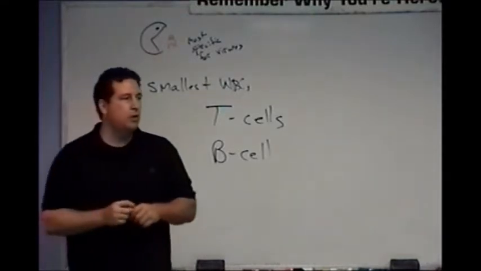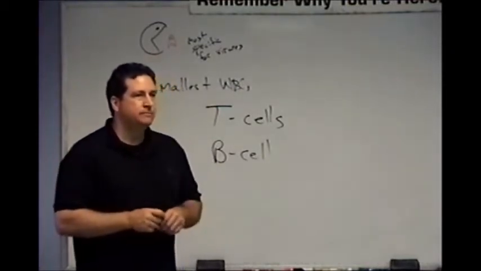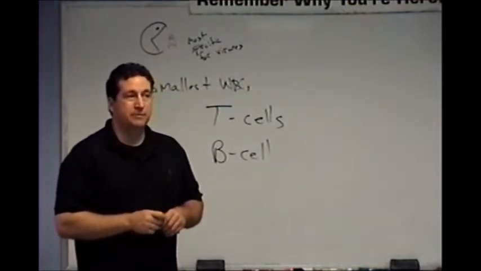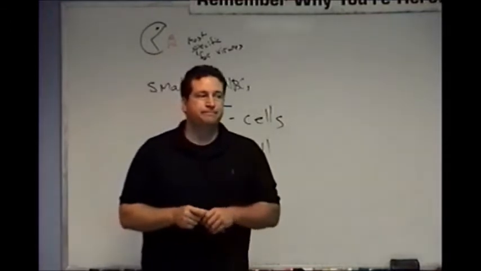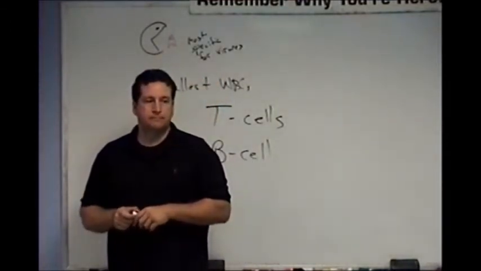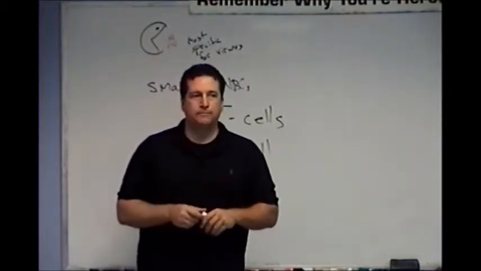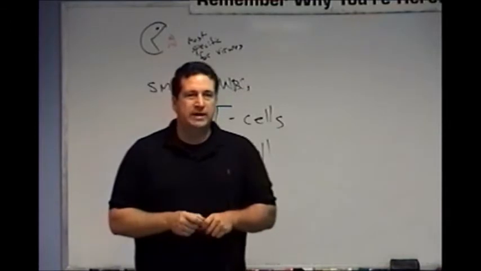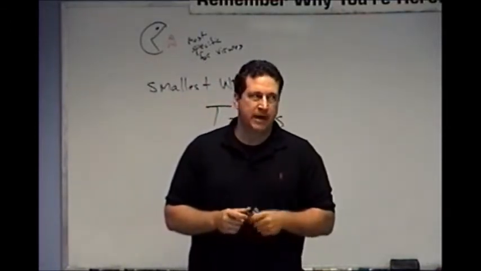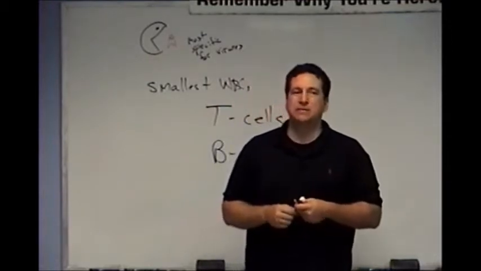B for bone marrow. Now, the B cell does a couple of different jobs. One of the ones we're going to talk about is an important one. When he gets activated by another cell, he changes into what's called a plasma cell.